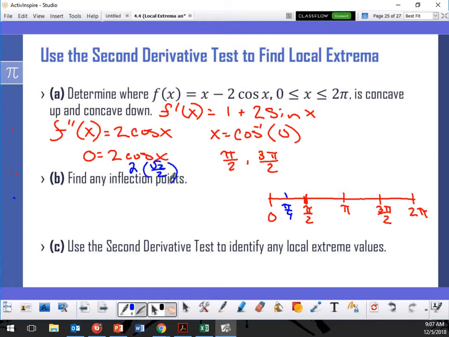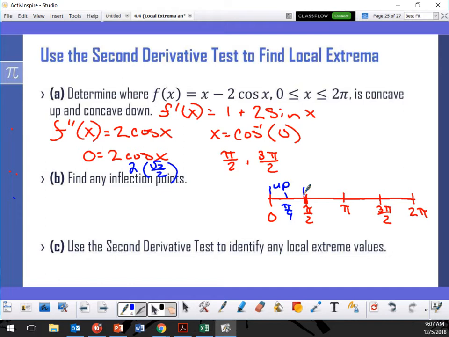Is that positive? Okay. What was the rule for positive? It's concave up. There we go. So from here to here, this is going to be up.